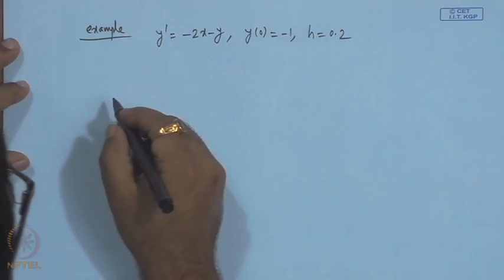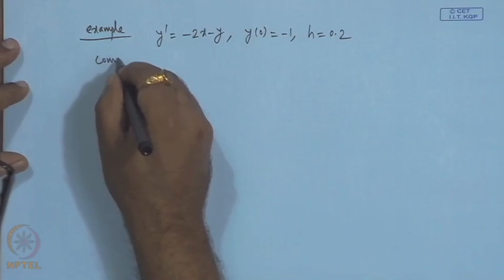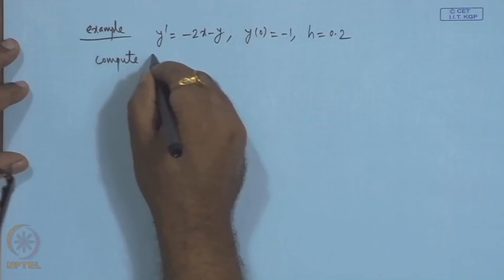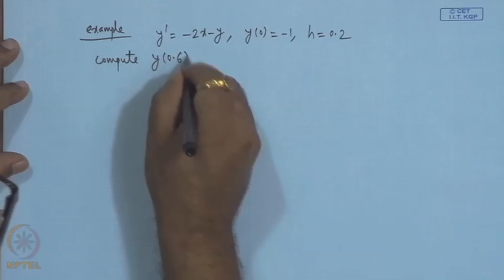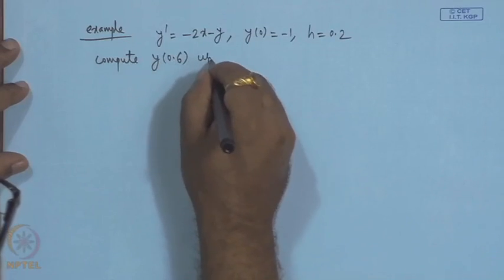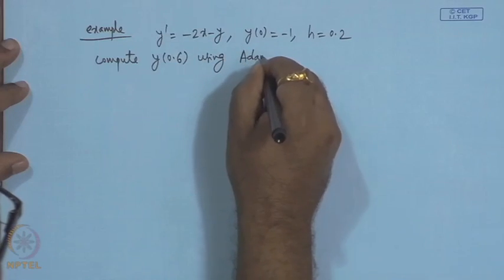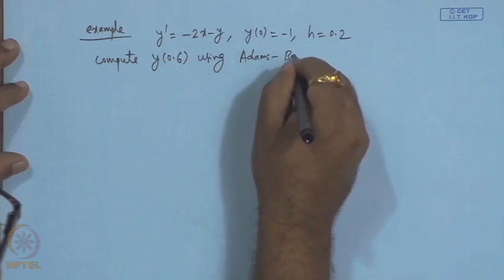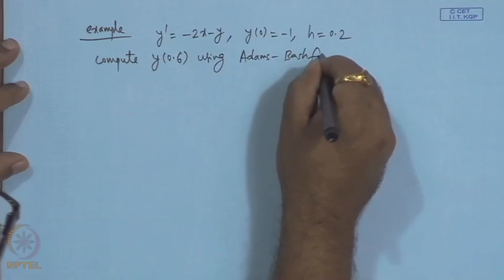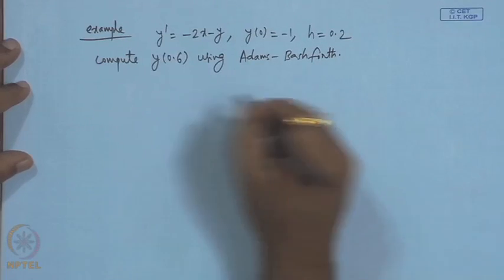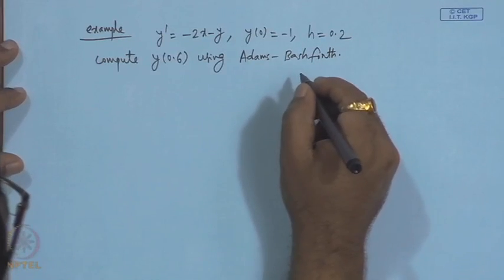So, this is an IVP, compute y of 0.6 using Adams-Bashforth.